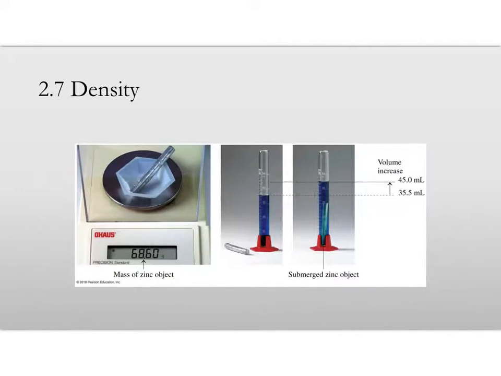This picture here is from your book as well, and it shows how the density of an object can be determined, and therefore what the identity of that substance is.